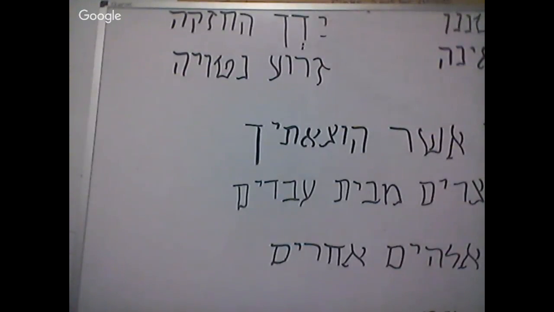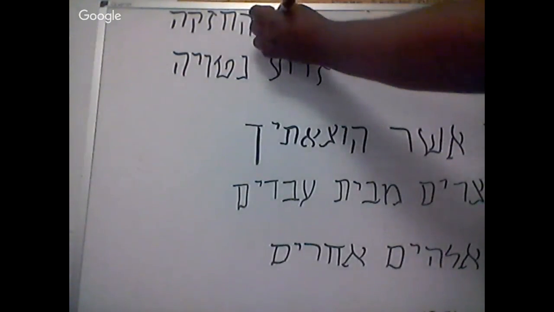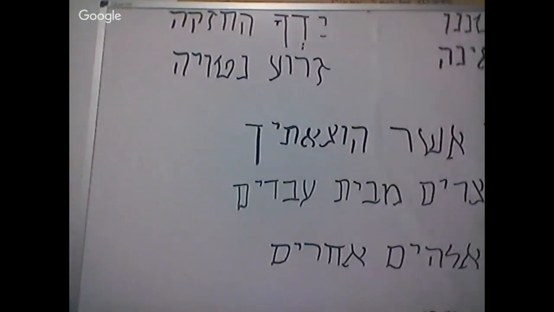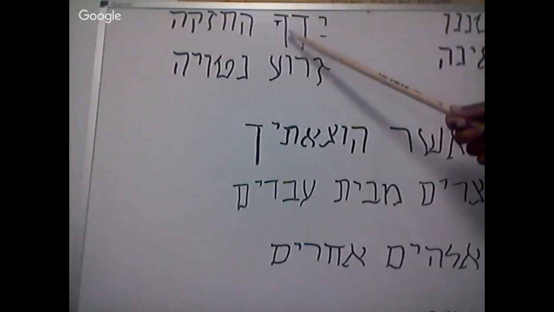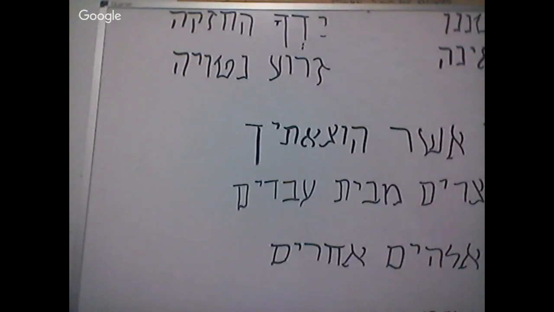Yad, and then we have right here, brothers and sisters, ka. So what would this mean? This ka signifies a suffix, and it shows possession with the noun. We're going to go over a couple of those examples during this course and lesson. Yad ka means literally your hand.